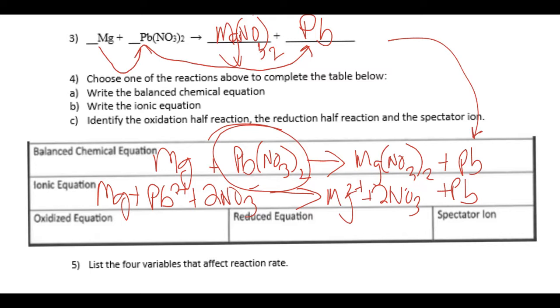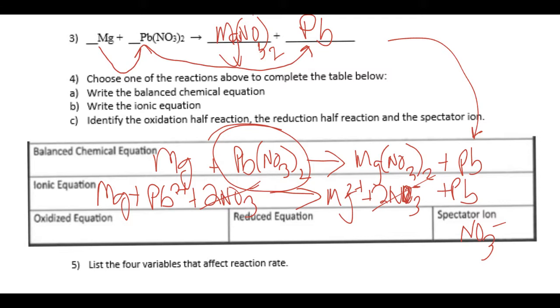Alright. Let me make sure you get that. That's not a positive. It is a negative. Okay, so what is the same on both sides? Because that's going to tell us what our spectator ion is. You got it. It's the NO3. So we can put our spectator ion here, and we are in business.